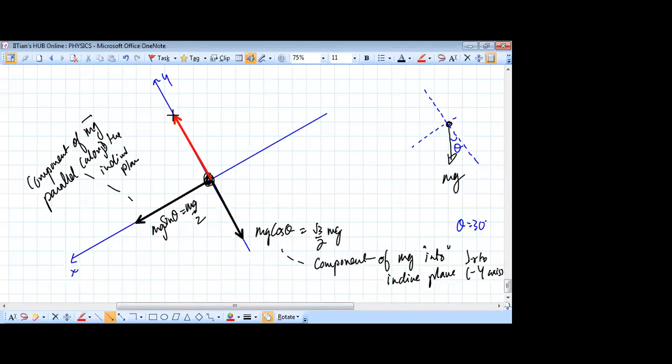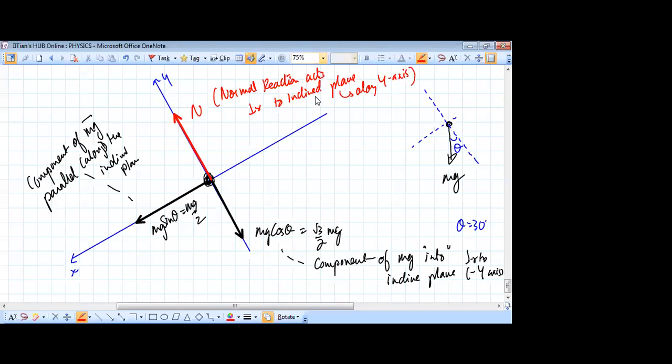Normal reaction was directly acting along the y-axis only, so there was no need to resolve it. So this normal reaction acts perpendicular to the inclined plane, that is along the y-axis.